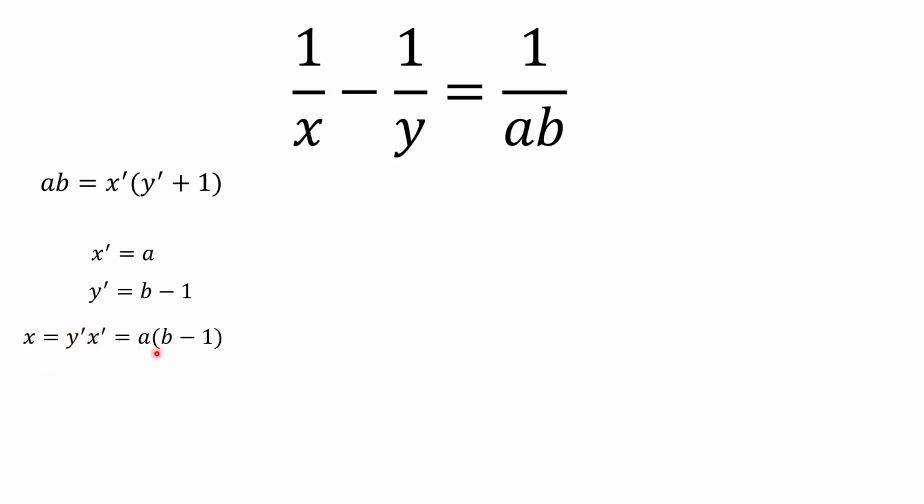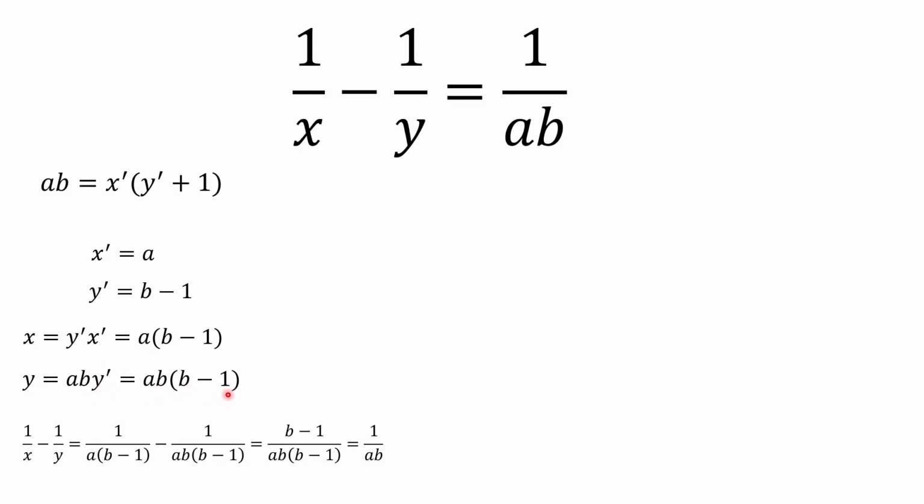So x prime is a, y prime is b minus 1, so we get to this one. And y, we assumed it to be ab times y prime, so it would be ab times b minus 1. And obviously, if I put these values in the main equation, 1 over x minus 1 over y, you take the common denominator. So ab, b minus 1, here will be b minus 1, this with this disappears, and it is 1 over ab.